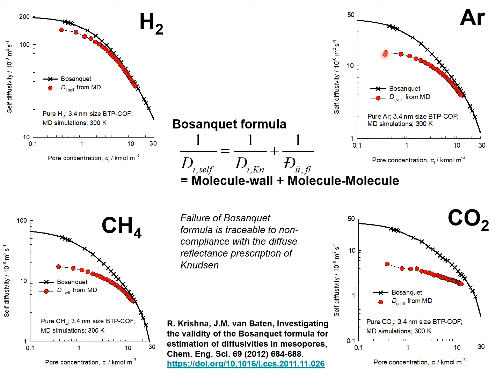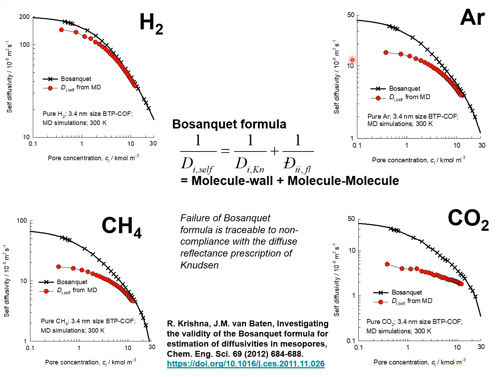and is poor at low concentrations because at these low concentrations the molecule wall collisions are important, and for argon, which has a finite adsorption strength, the Knudsen contribution to the Bosanquet formula is of insufficient accuracy.